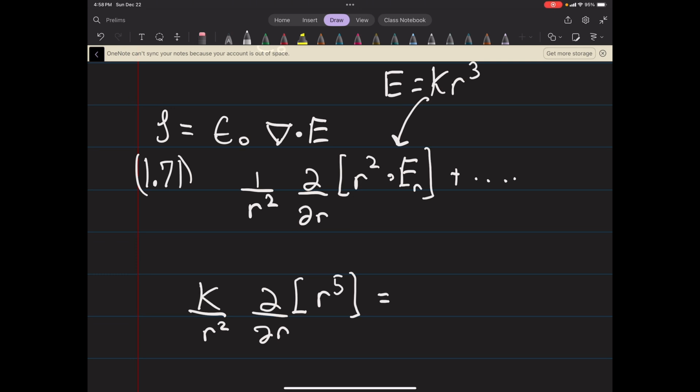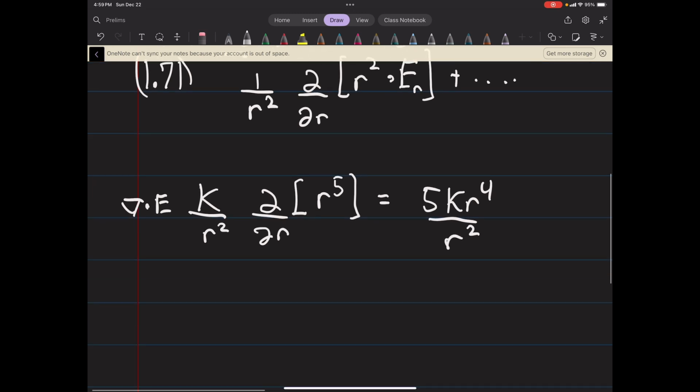And the derivative of that will be 5K R to the 4th over R squared. And keep in mind, this is the divergence of E. We don't want to forget the epsilon naught. So then our charge density will be 5K epsilon naught, and then just R squared, since those terms cancel. Okay.